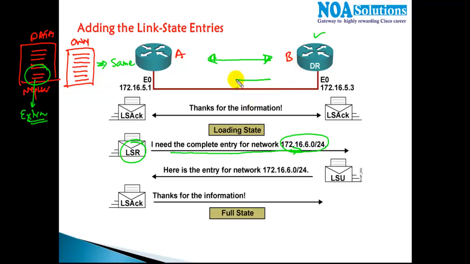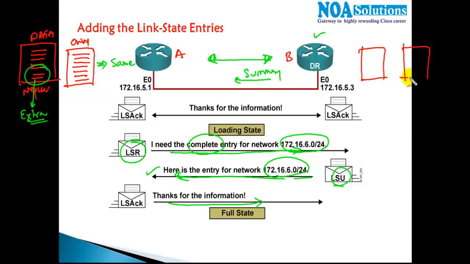But whatever you sent in the previous stage was just the summary of the database, not complete. So I want that complete information now. Then the router will reply with a link state update, saying okay, take this information, here is the complete entry for so and so network. And then I'm going to send thanks for the information, and the same process will happen on the other side also.